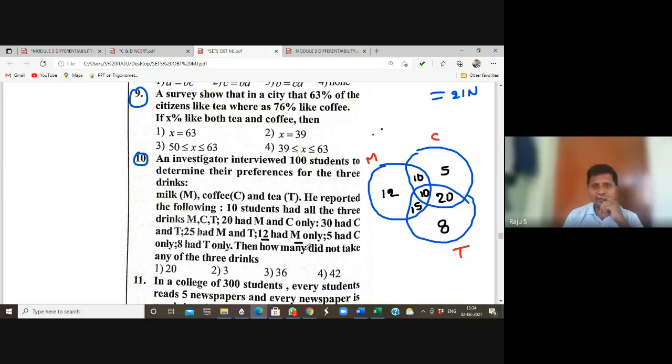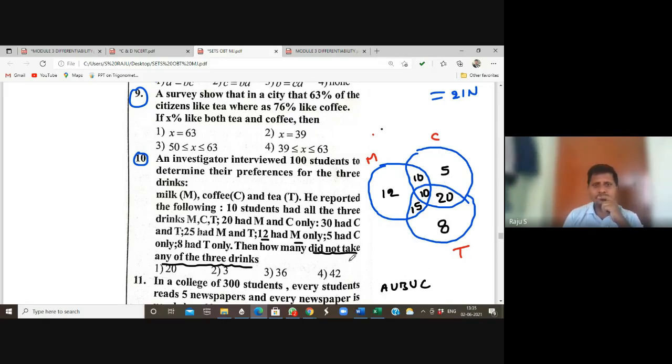Exactly. So what is the question? According to the question, how many did not take any of the three drinks? That is nothing but the complement of A union B union C. A union B union C gives the total of those who can take milk, tea, coffee, this many members.